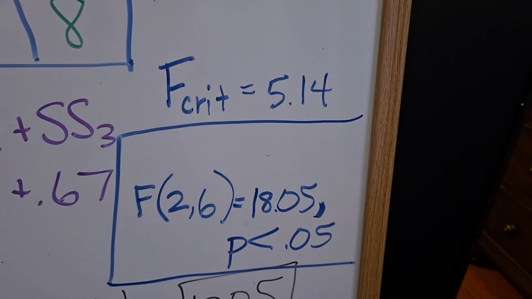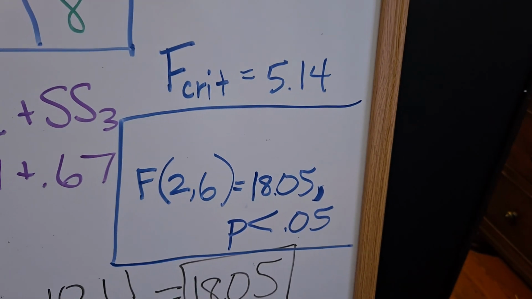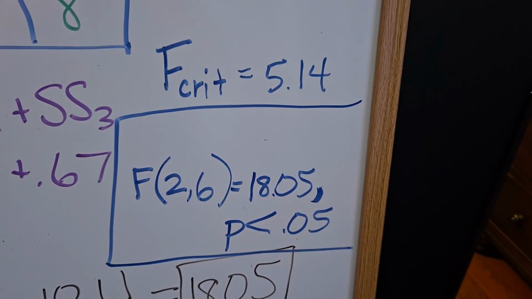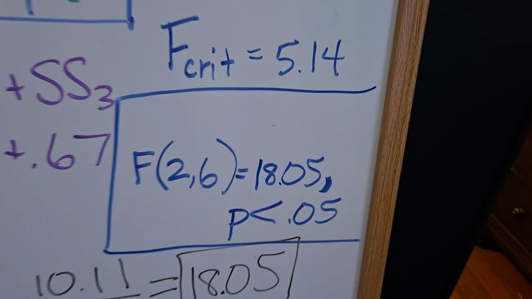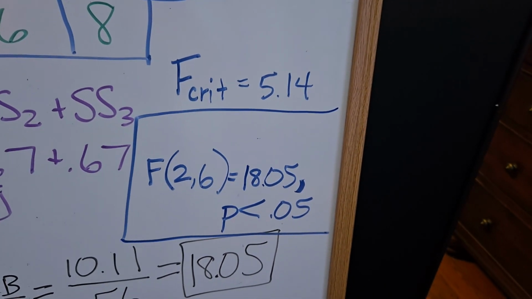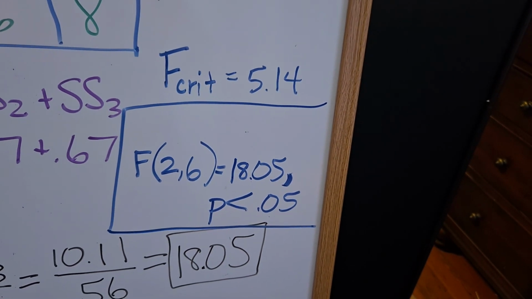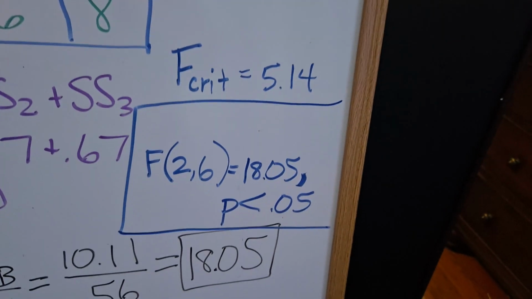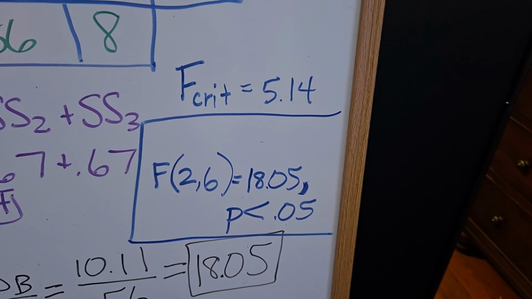We have a probability of less than 5% risk of making a type 1 error. Basically, it is statistically significant, and so that means it's supportive of there being a difference among the groups. Again, we don't know which specific groups are different without post hoc testing, but we have detected that there is at least one difference among the groups.